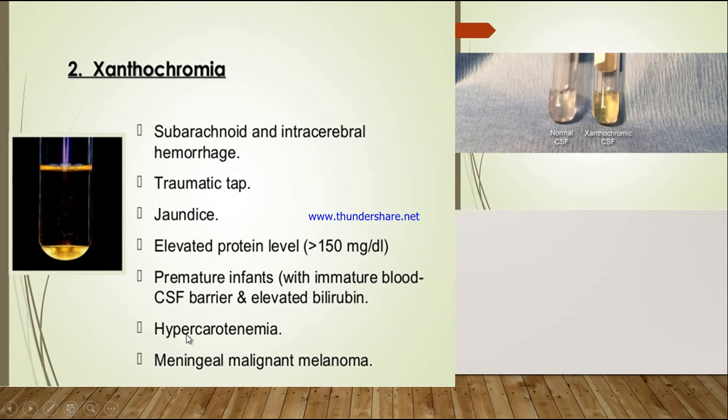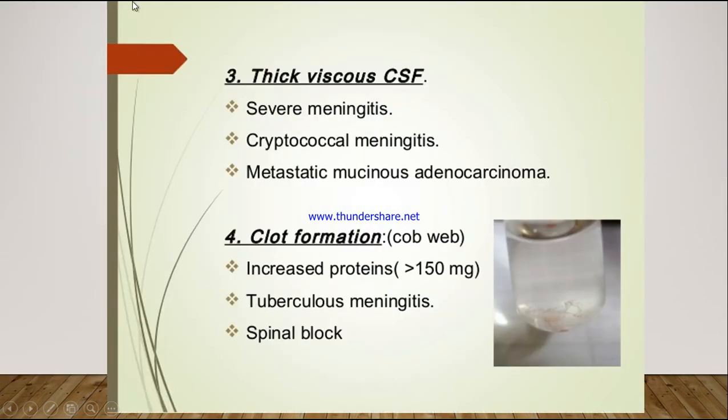Then we should suspect hypercarotenemia and meningeal malignant melanoma, or any tumors in the meninges. So this is for xanthochromia. You can see this is the normal CSF, clear colorless fluid, whereas in xanthochromia, this is the color.